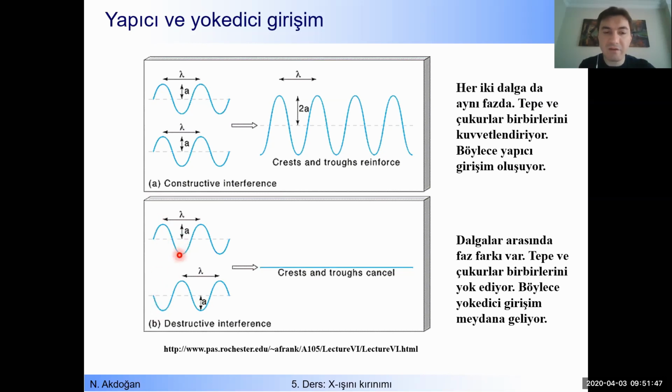This part is cancelled by this part. This is cancelled by this one. So it goes. Finally, we have nothing. Crests and troughs cancel each other. Then this is called destructive interference. Constructive interference and destructive interference. In order to understand the X-ray diffraction mechanism, this information is very, very useful and important.